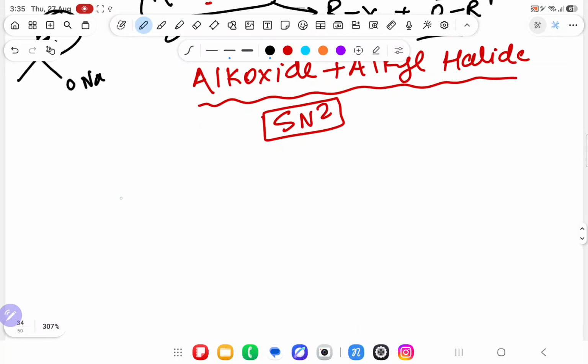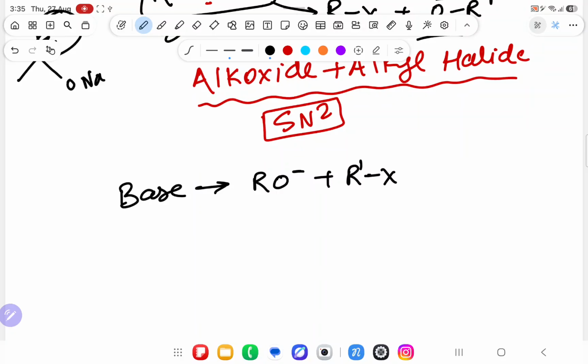Here you will use a base. The base will be RO minus plus R'X, suppose.